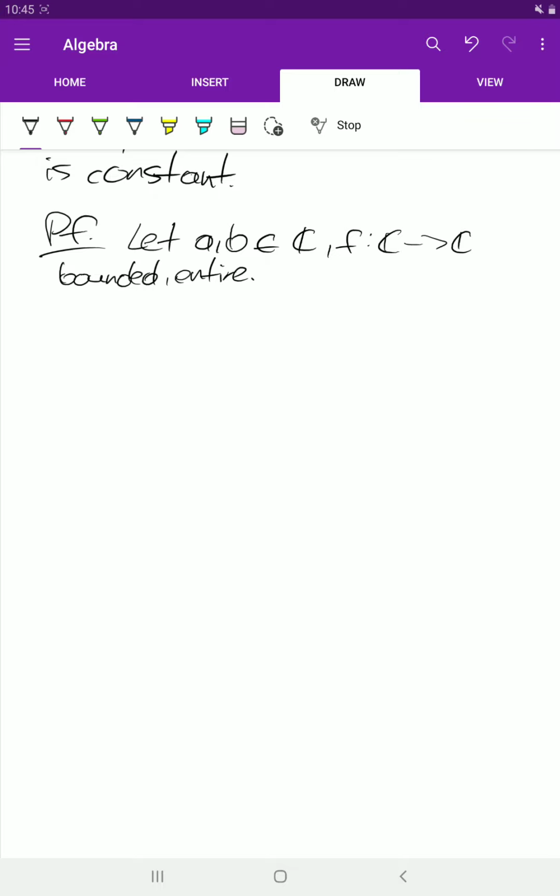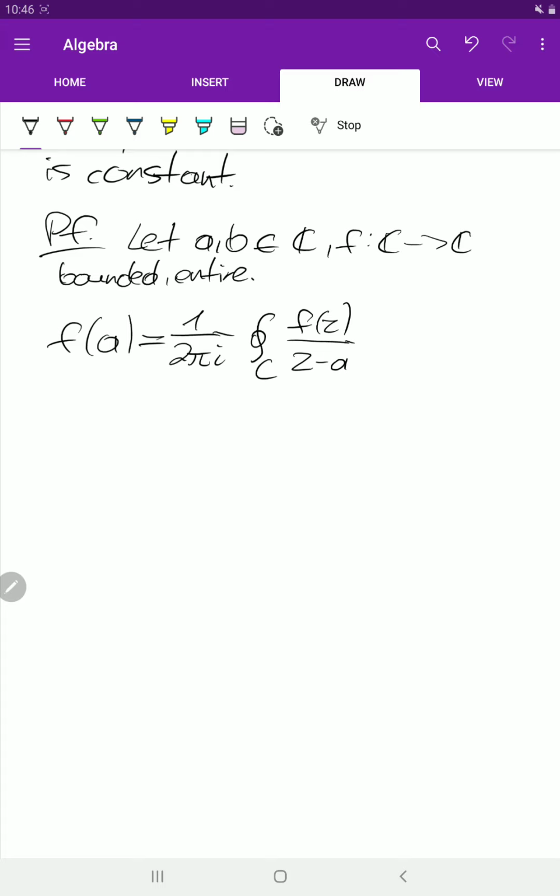So let's see. At first we'll apply Cauchy's integral formula, so we can write f of a as 1 over 2 pi i, then the integral over some curve c, where a is inside of the curve c, and then f of c divided by c minus a.